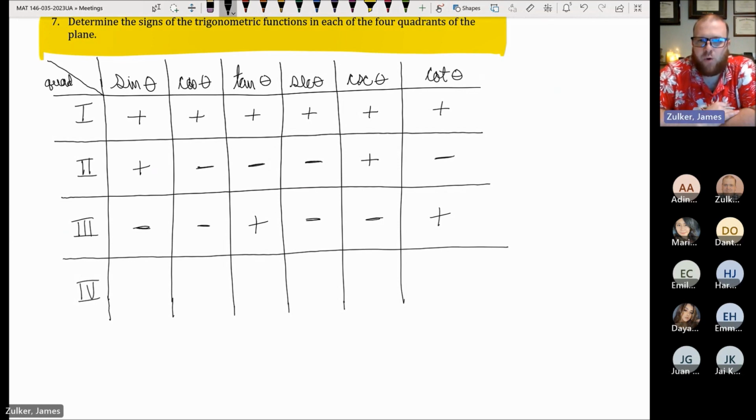In quadrant 4, y is negative, x is positive. So the functions that do not have y will be positive. Those that have y will be negative. There's only two functions that do not have y, cosine and secant.